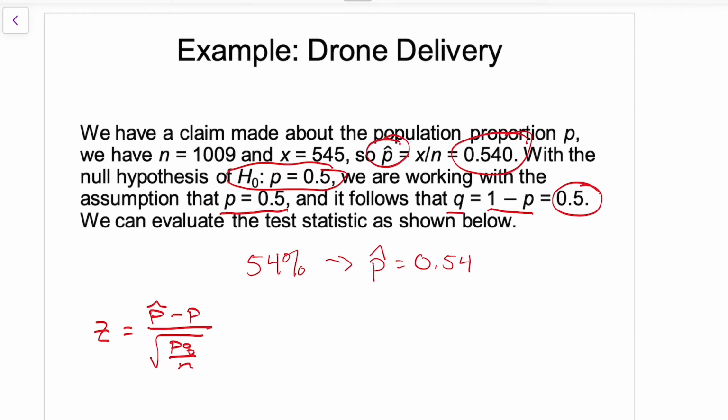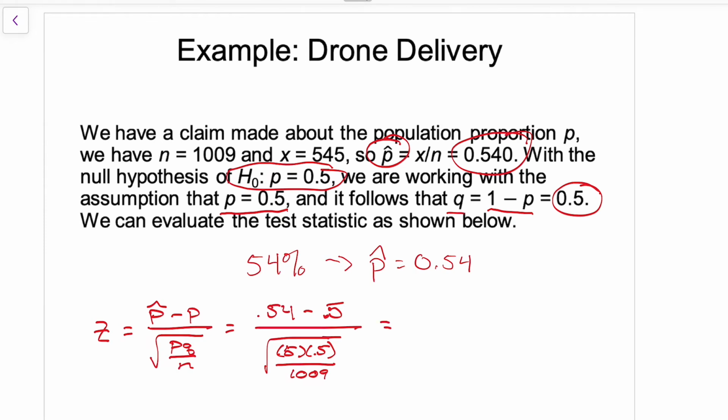Right? Our test statistic from the table before that deals with proportion. Our sample proportion was 0.54. Our population proportion was 0.5. And I'll put in the other values. So 0.5 times 0.5 all over 1009. That was the number of people in our survey.